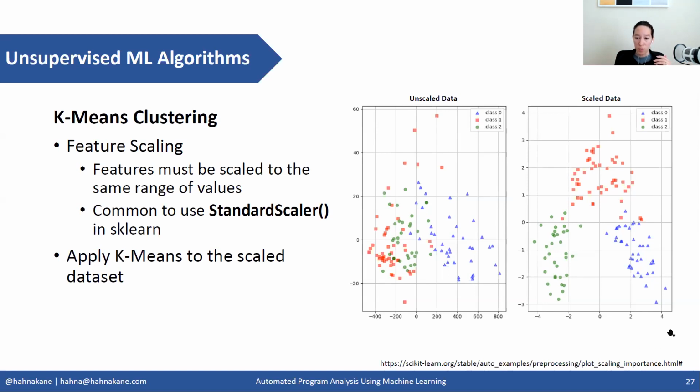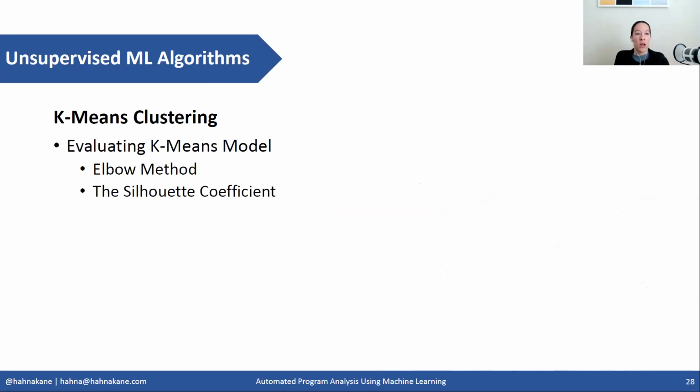Whereas if we standardize or perform feature scaling, we can now better identify the relationships of our data points. So now you can see here, we have 3 nicely well-defined clusters. And then, of course, once you've scaled your data, that's what you're going to apply k-means against.